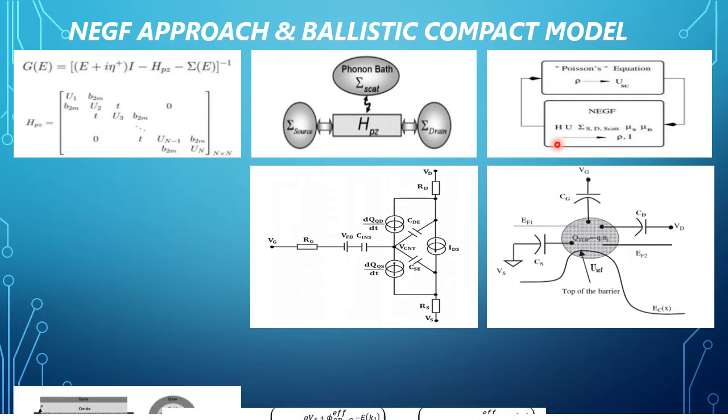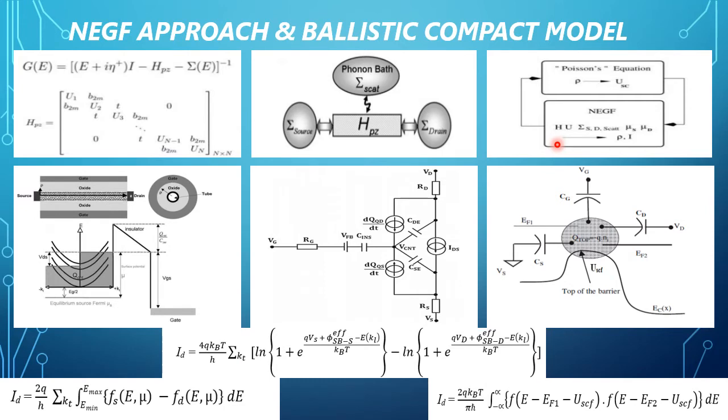So here a model is shown, and the bottom three figures could be used to represent the drain current, and the general expression of ID for the first diagram is shown here. Based on this general expression, we can have the ID for the SB-CNT FET and the ID for the MOSFET-like CNT FET.